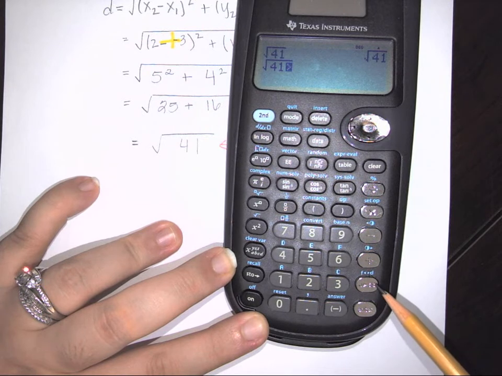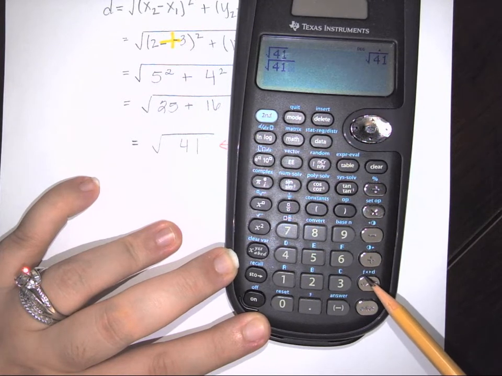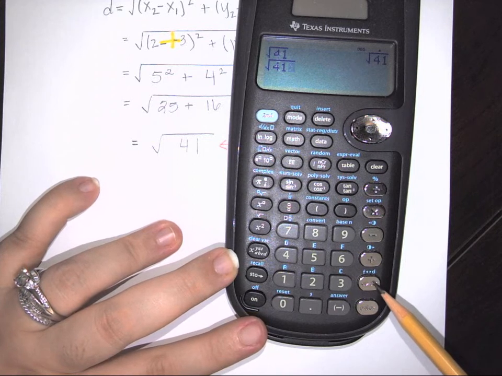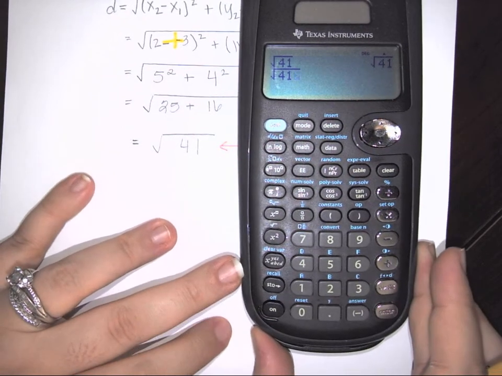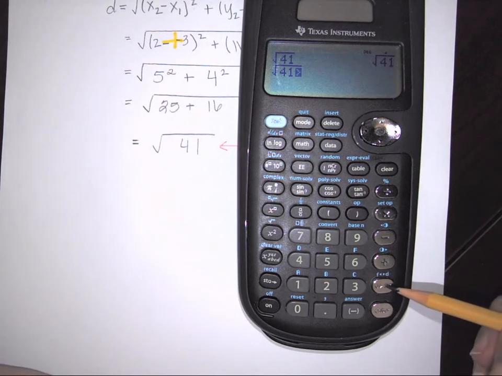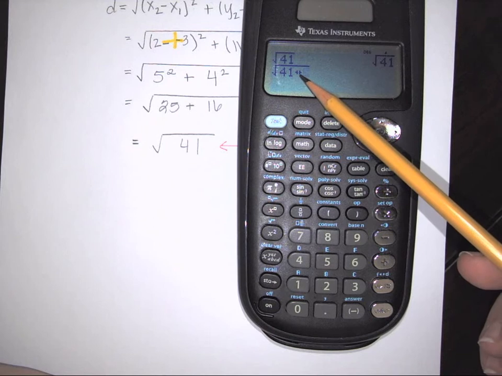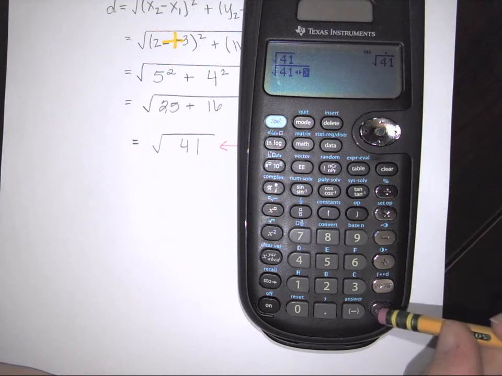The wavy lines means approximate. Of course, F to D means fraction to decimal. So we're looking for the decimal part, which is the wavy line thing. In order to make that work, we have to press this button first. You get these two little double arrows here, and then you can go ahead and hit enter.